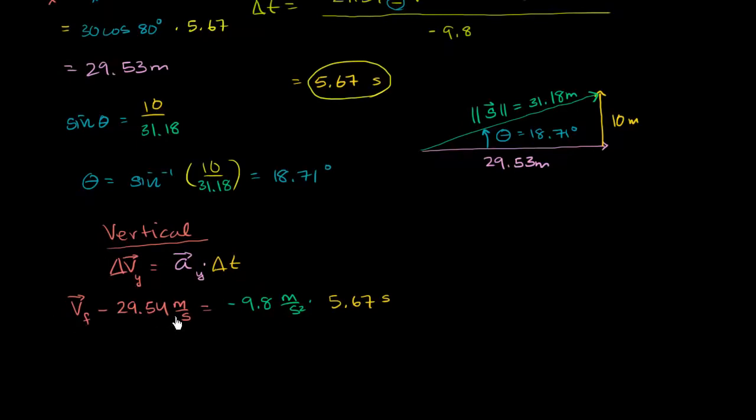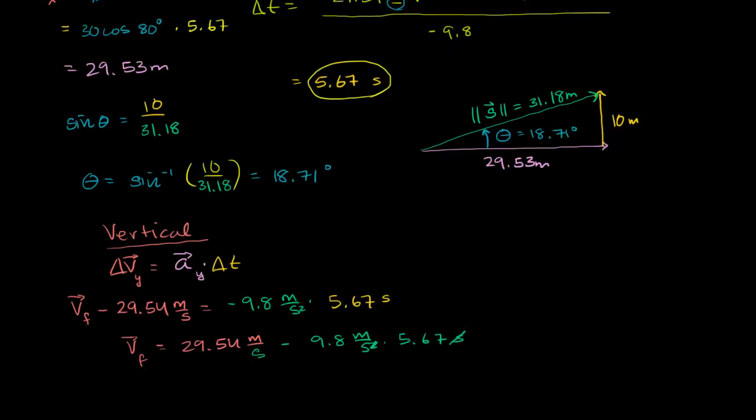If you add 29.54 to both sides, you get the vertical component of your final velocity is equal to 29.54 meters per second minus 9.8 meters per second squared times 5.67 seconds. The seconds cancel out with one of these seconds, so everything is meters per second.